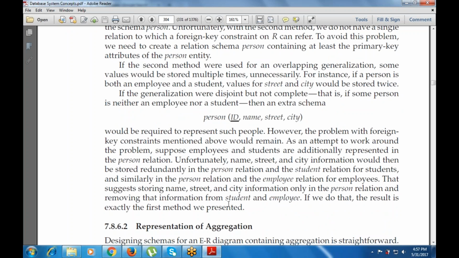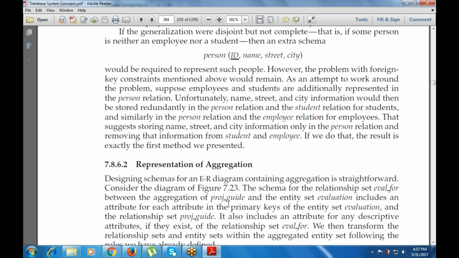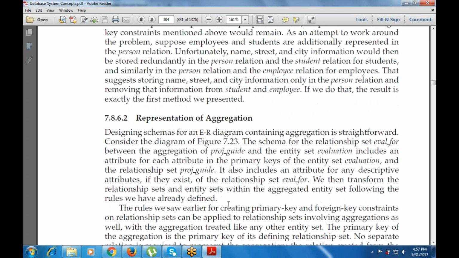If we do so, the result is exactly the same as the first method that we represented.